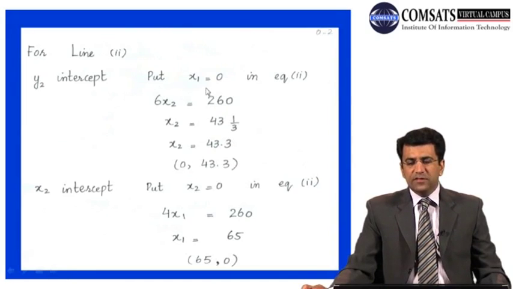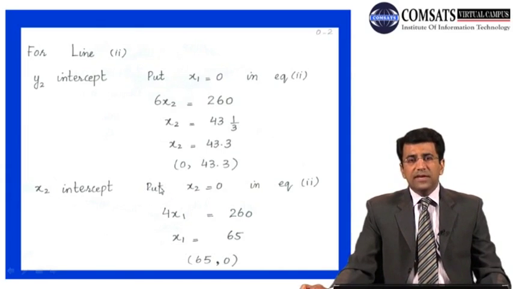If we put x1 equal to 0 in the second equation, we get 6x2 is equal to 260, and the value of x2 will be 43.3. So for the second constraint we got the point (0, 43.3), where the x coordinate is 0 and the y coordinate is 43.3.